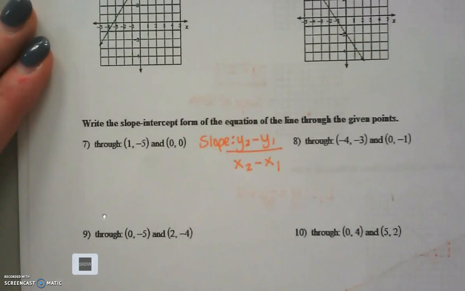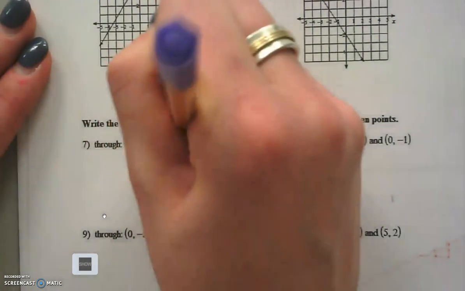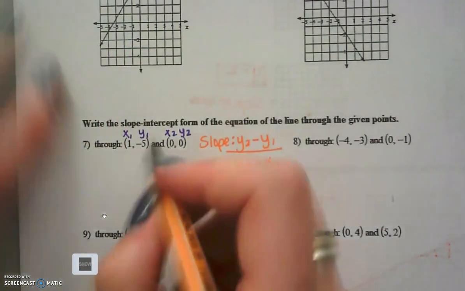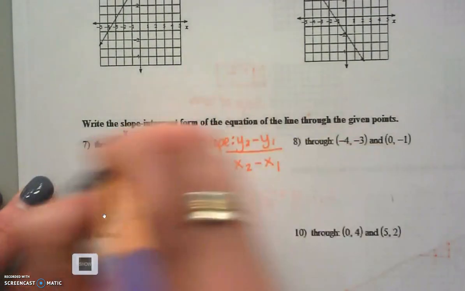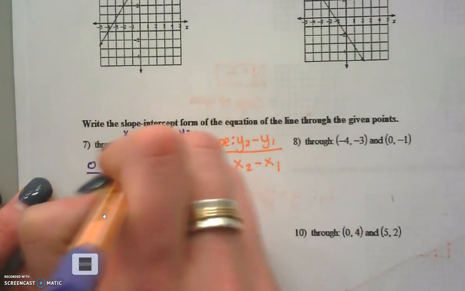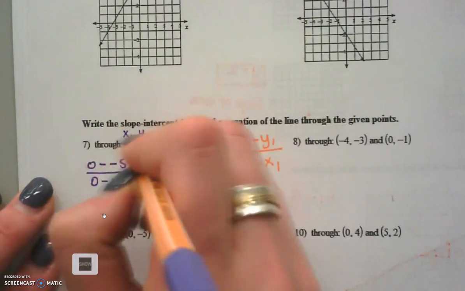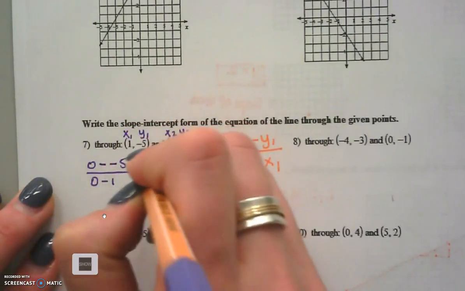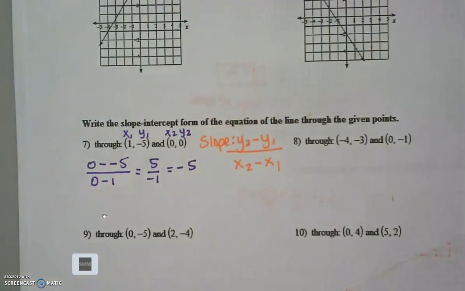So I'm going to label these points here. Here's x1 and y1. Here's x2 and y2. So I'm going to say that this is 0 minus a -5 all over 0 minus 1. Minus a negative is positive, so my slope is -5.